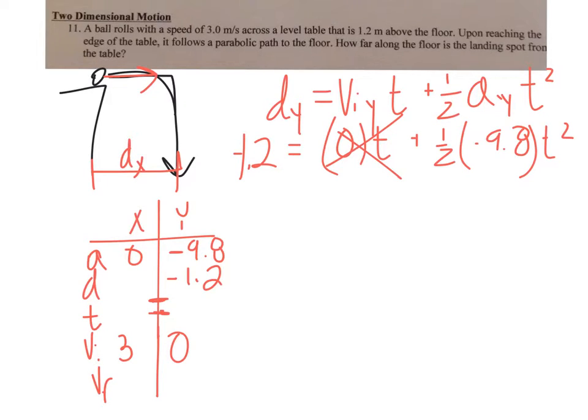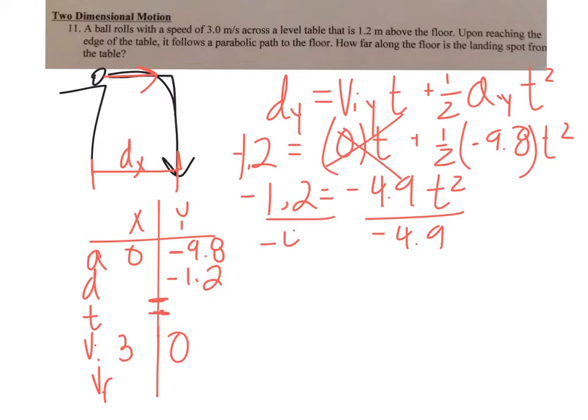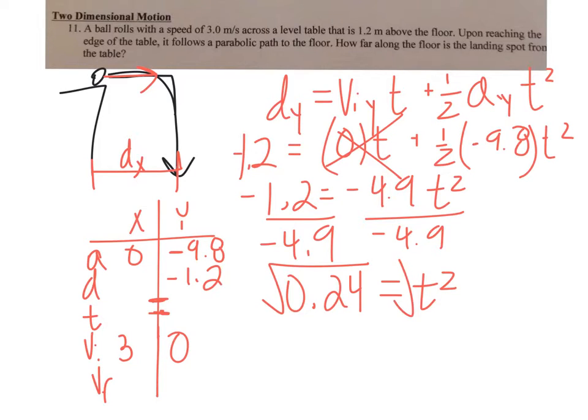So 1/2 times negative 9.8 is simplified to negative 4.9 t squared, and that's equal to negative 1.2. All right. We'll divide both sides by negative 4.9. That would leave us with 0.24 equal to t squared. The last thing you're going to do is square root both sides to just get the time. That's going to square root to 0.49 equals t.